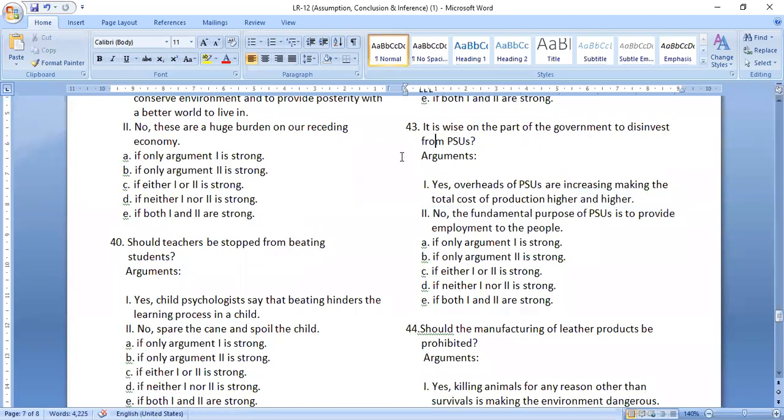How about that then? I think it's C again, right? But sir, the fundamental purpose of PSUs is not to provide employment. There are many reasons for doing it. But if this is true, then what?